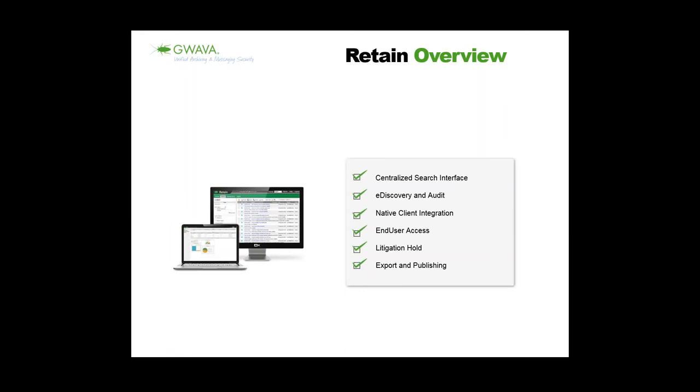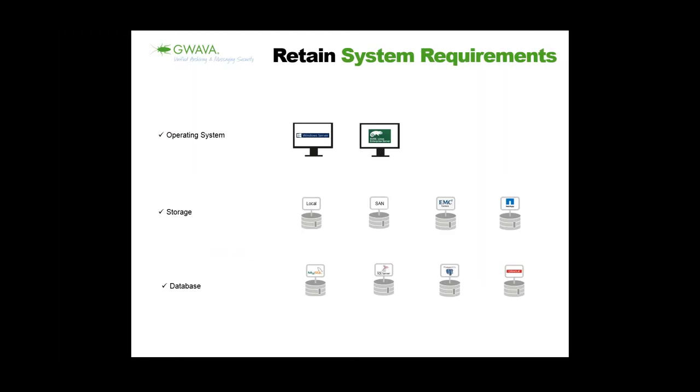So we can save a lot of space with that technology. So what do we need in the background? We need a Windows operating server or a SUSE Linux Enterprise server in the background. We need a storage for sure to store the attachments.